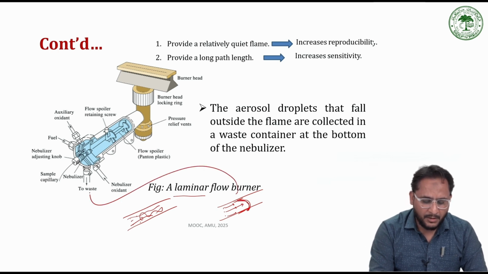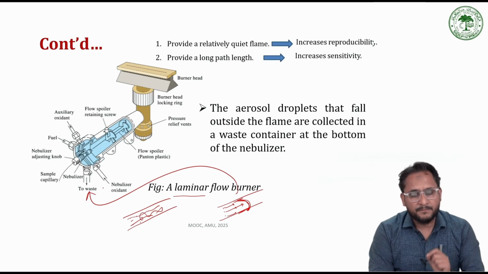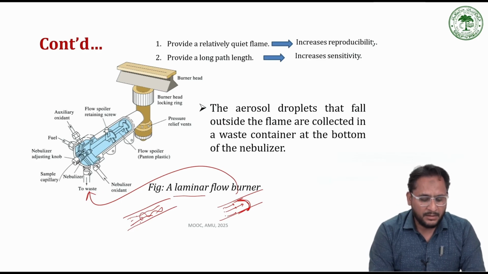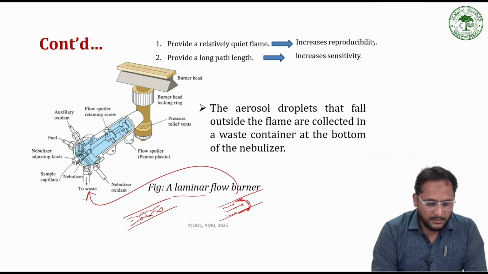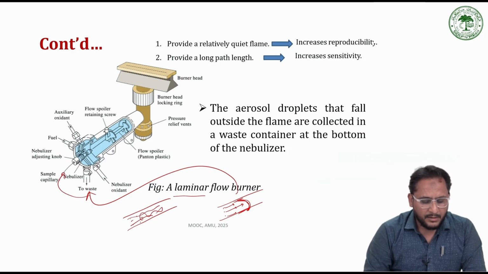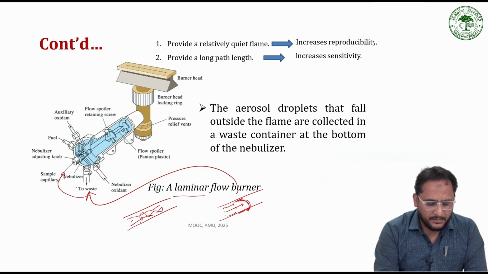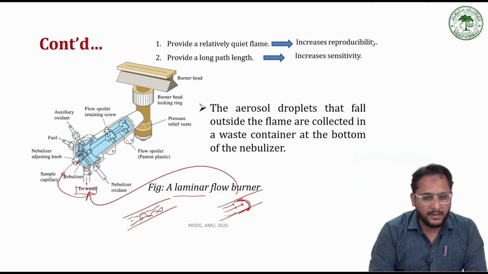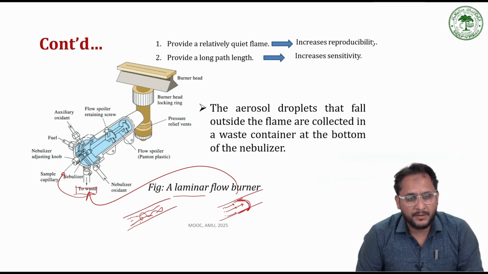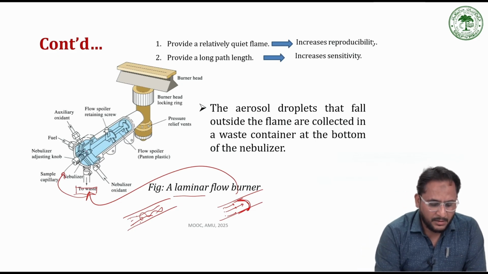So a controlled laminar flow is maintained by the nebulizer, and the sample enters from here, and excessive sample is drained by this waste pipe. Now in this nebulizer, we have fuel and we have oxidant.